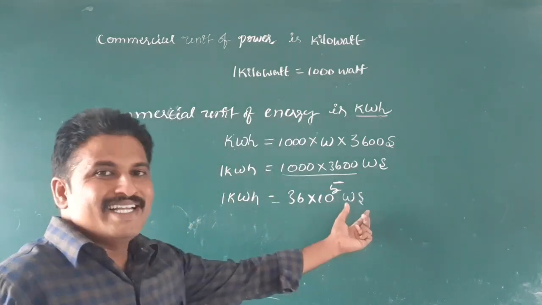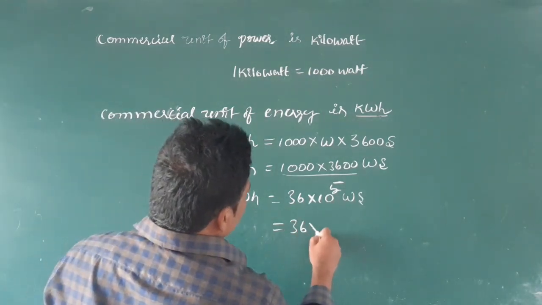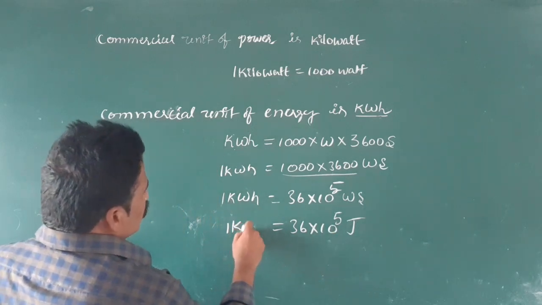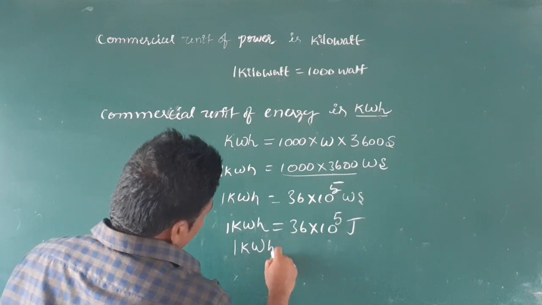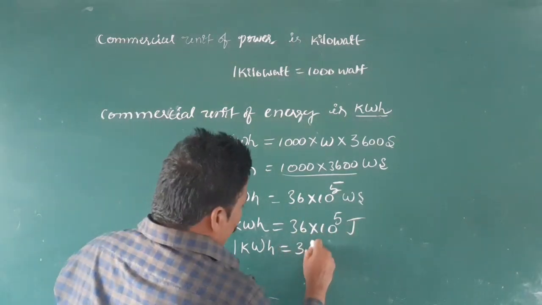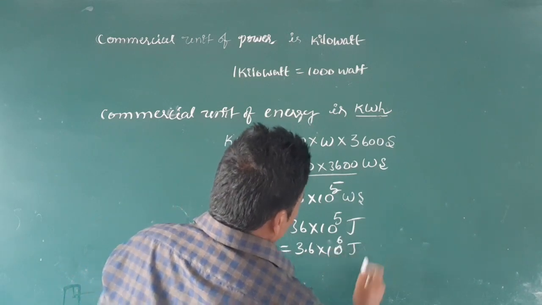Do you know 1 watt second is equal to 1 joule? So 1 kilowatt hour is equal to 36 into 10 power 5 joules, or 3.6 into 10 power 6 joules.